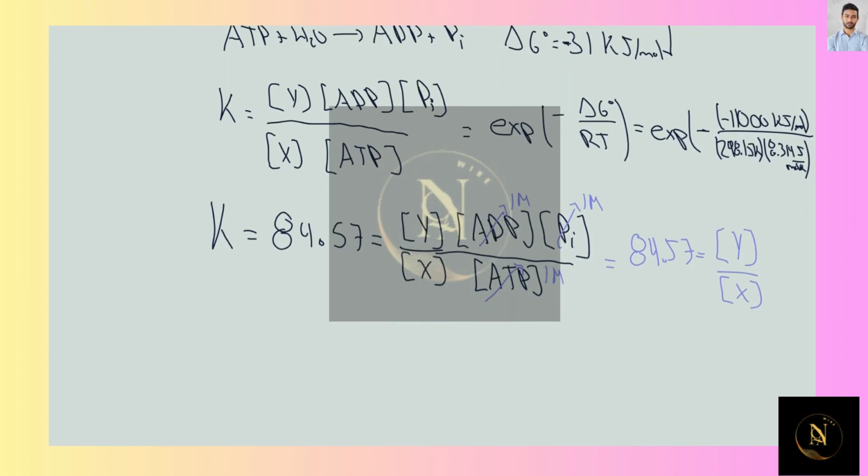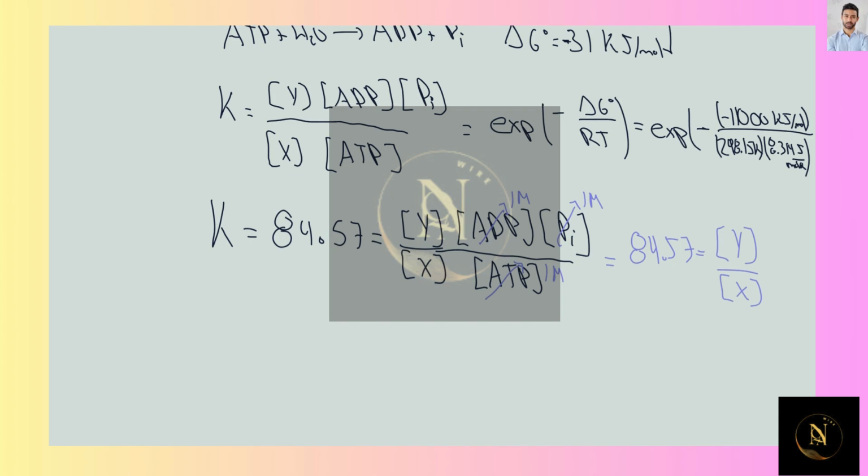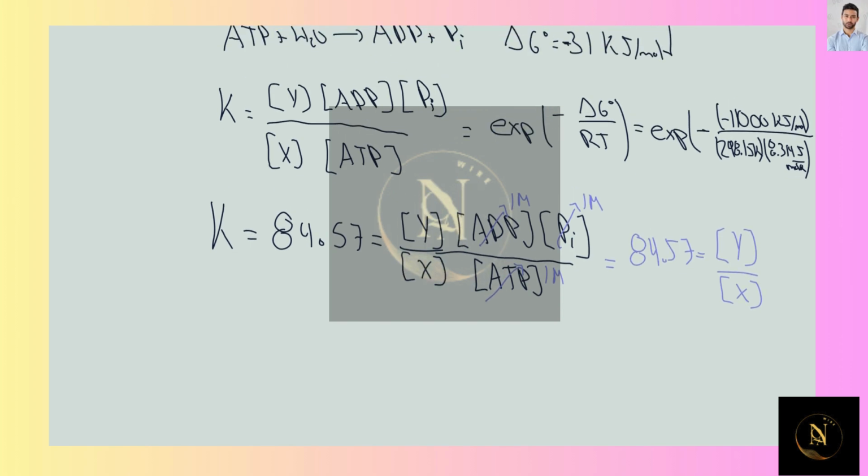And finally, for part C, I don't have access to table 13.5. So the only thing that you need to do is substitute the values for concentrations here and solve for this ratio using the value for K that we have.